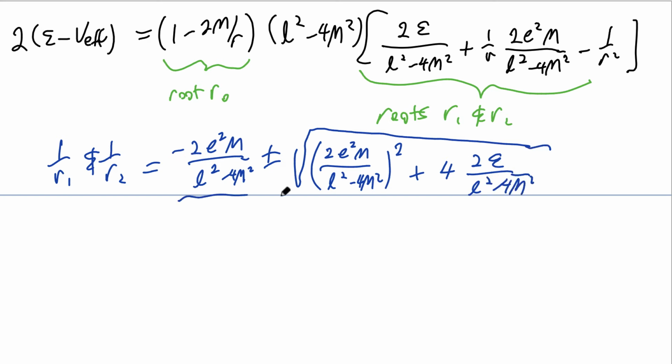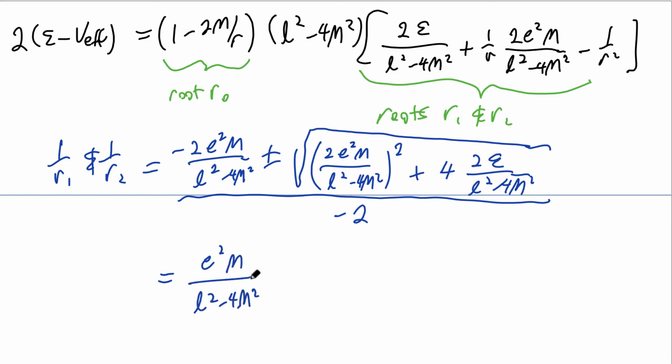All of that divided by 2 times this coefficient, which is minus 1. Now this simplifies to e squared m over L squared minus 4m squared plus or minus 1/2 times this square root term, and I won't bother to write that again. So these are our two roots. Actually, they're the inverses of r1 and r2.